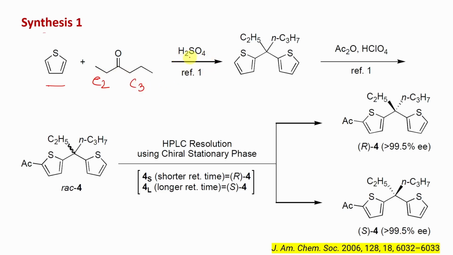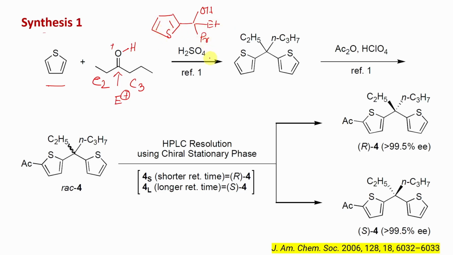Now what does sulfuric acid do? Sulfuric acid protonates this ketone and makes this carbon a better electrophile, such that aromatic electrophilic substitution can occur, and in the first step you can expect this compound. So here OH, it is Et and it is Pr, propyl and ethyl.